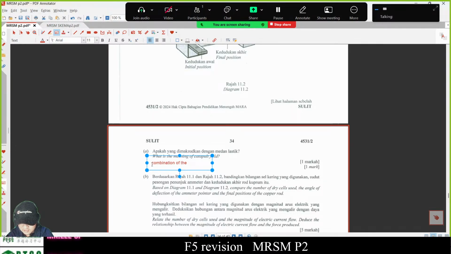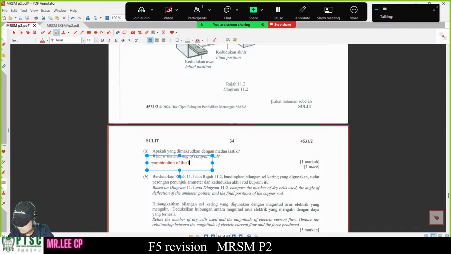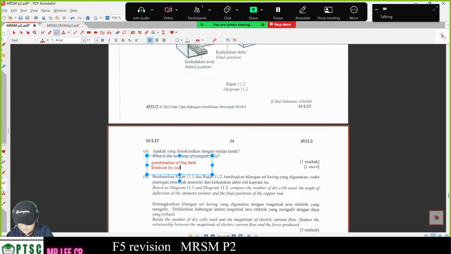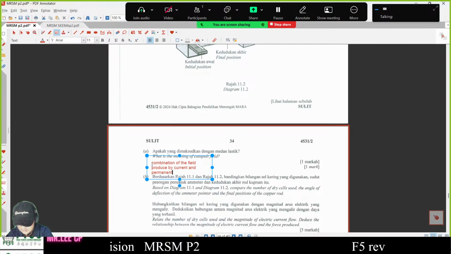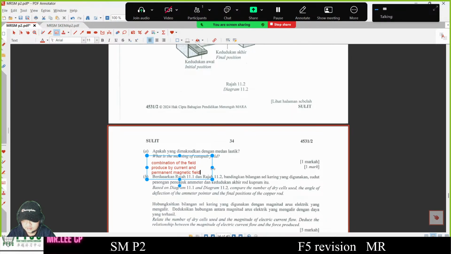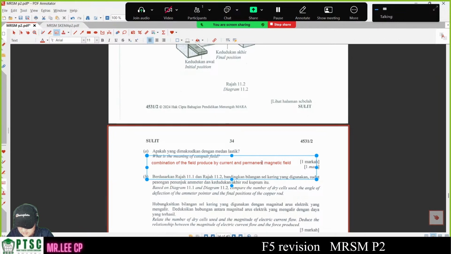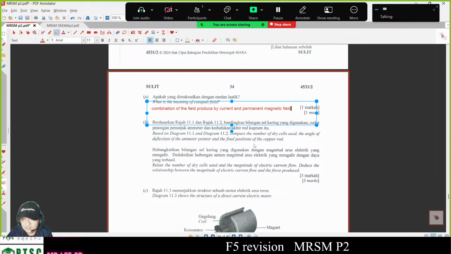The combination of the field produced by the current and the field of the permanent magnet. Okay, this is called the catapult field.